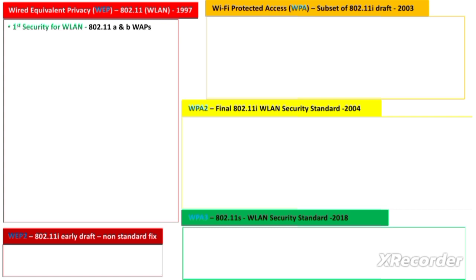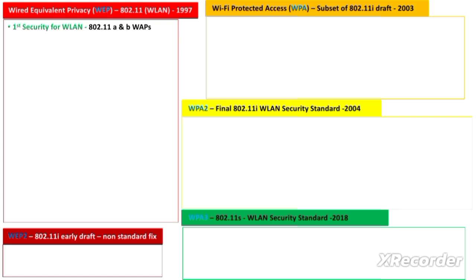Now coming over to WEP, or Wired Equivalent Privacy. So WEP was introduced as part of the WLAN wireless LAN protocol, that is 802.11, and the purpose was reflected from its name, that is to introduce the same level of security which was for the wired LAN network.